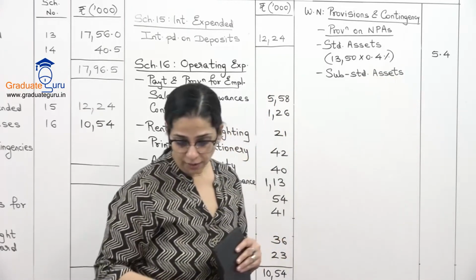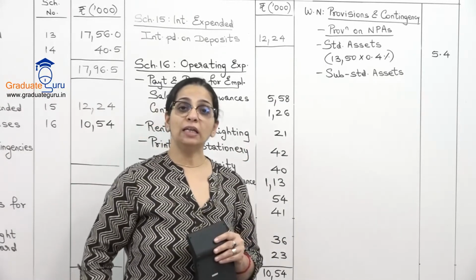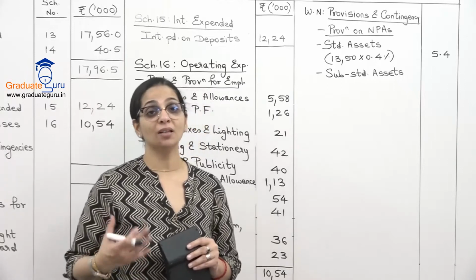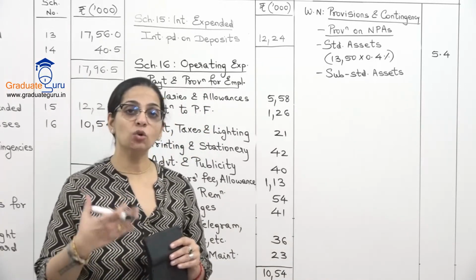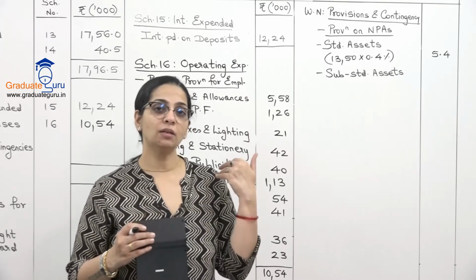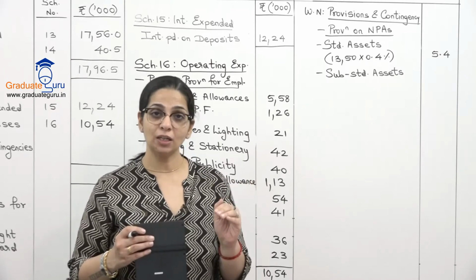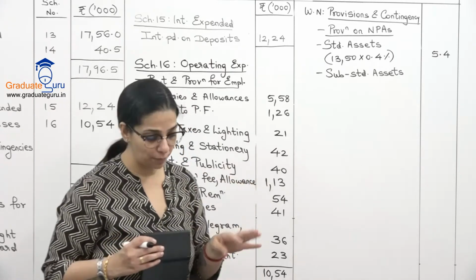And for substandard, they have not again mentioned anything. जब कुछ mention नहीं किया है, I have to assume that they are unsecured. I cannot assume that they are secured, okay, because that is a lower rate. I will always take the highest rate possible. So for substandard which are unsecured, the rate is 25%.